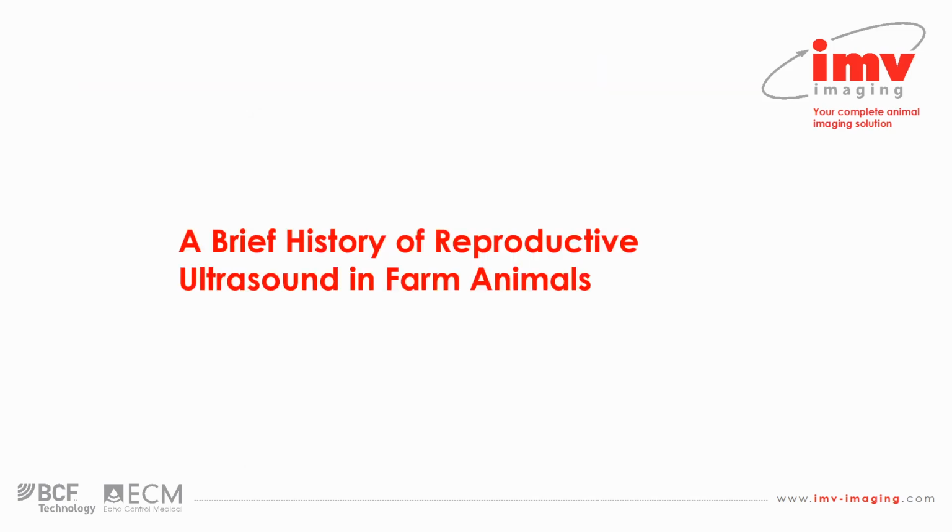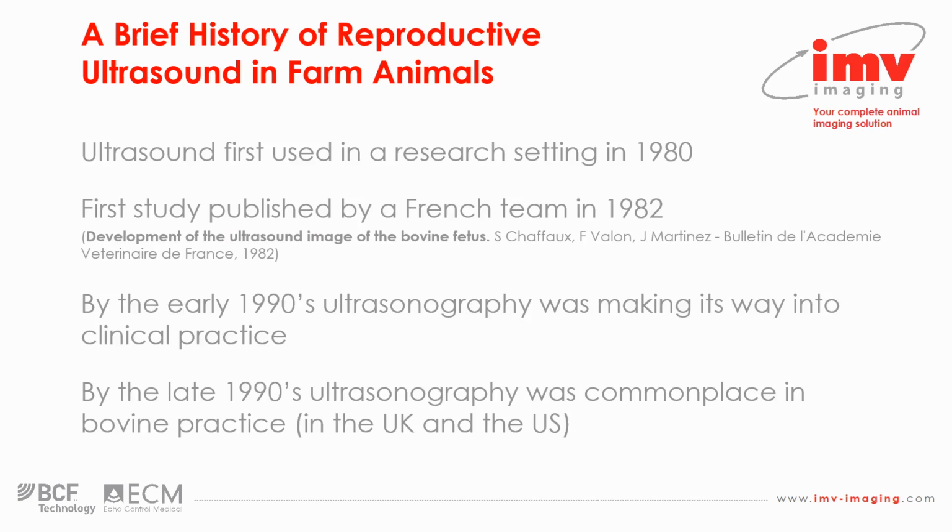So let's take a really brief look at the history of reproductive ultrasound in cattle practice. It was first used in a research setting in 1980. Seems a very long time ago now. The first study looking at the use of ultrasonography in bovine practice was published by a French team a couple of years later in 1982.